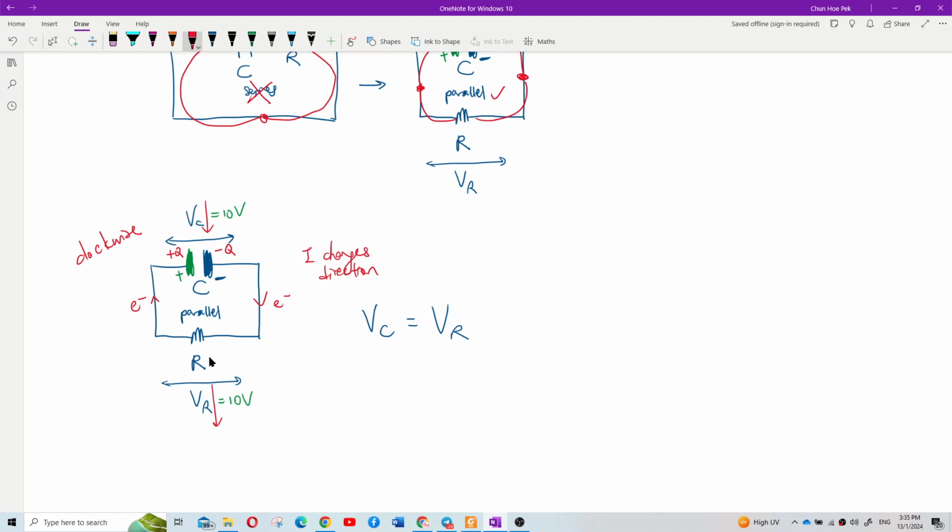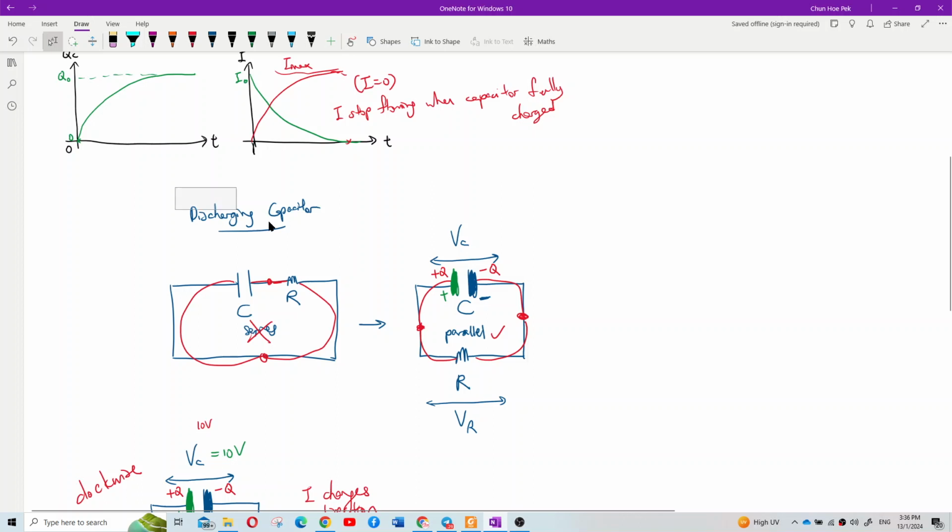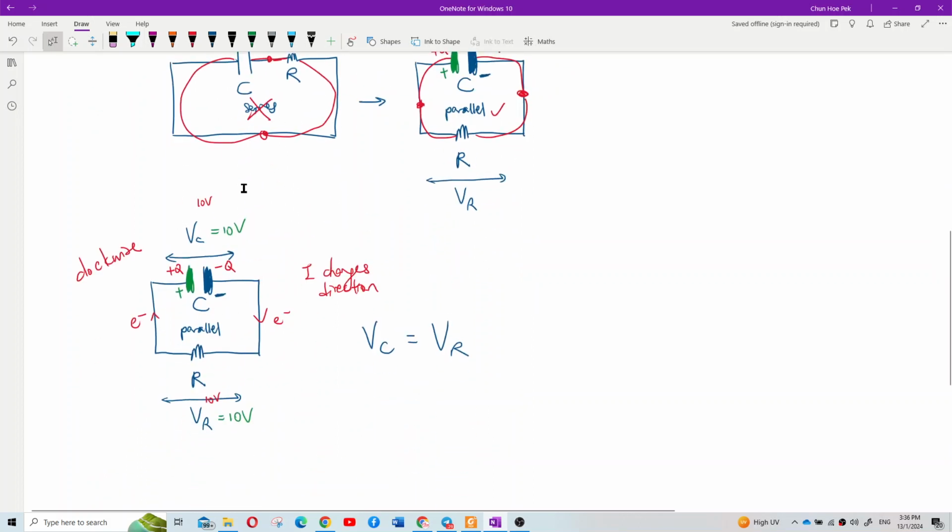Okay. So that means the capacitor starts from maybe 10 volts. Initially this one is 10 volts, this one also 10 volts. But the capacitor discharging process happens. Okay, I should write discharging. Only now can you see it. Discharging process.